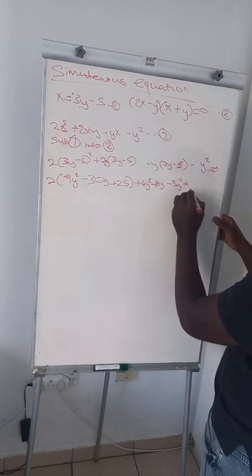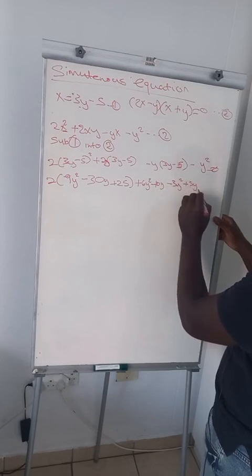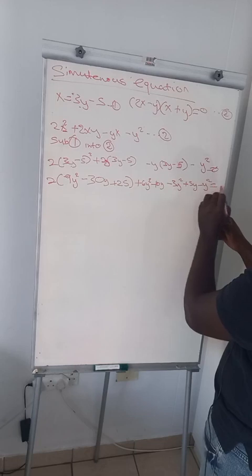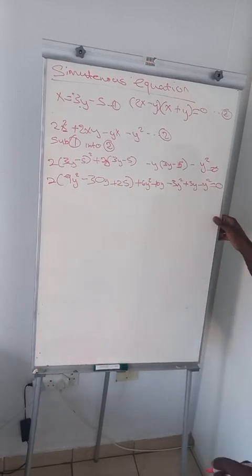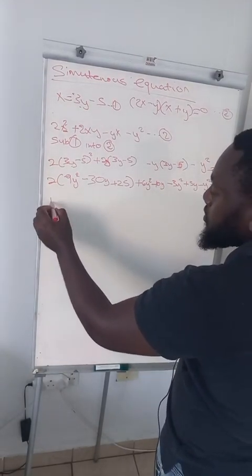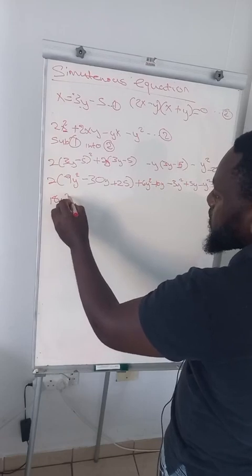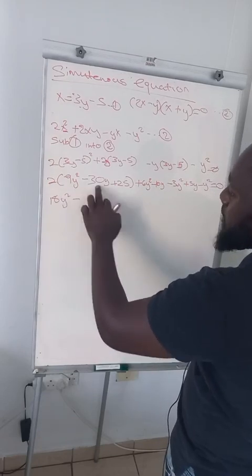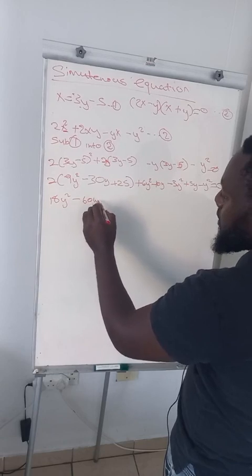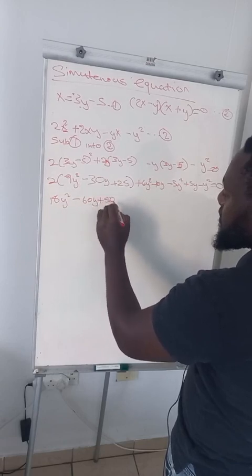It's just going to give you a positive 5y, and then minus y squared equals 0. Let me simplify this. 9 multiplied by 2 is going to give me 18y squared, minus 2 multiplied by 30 is going to give me a 60y plus a 50.